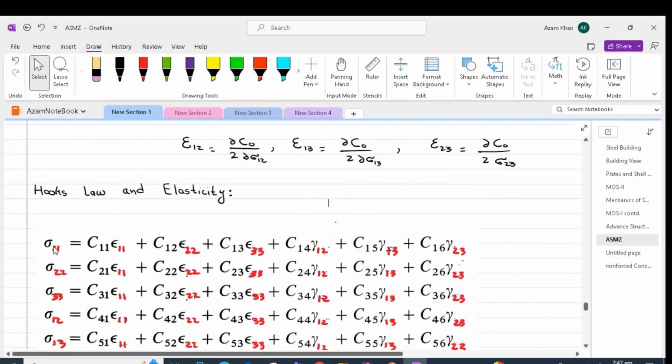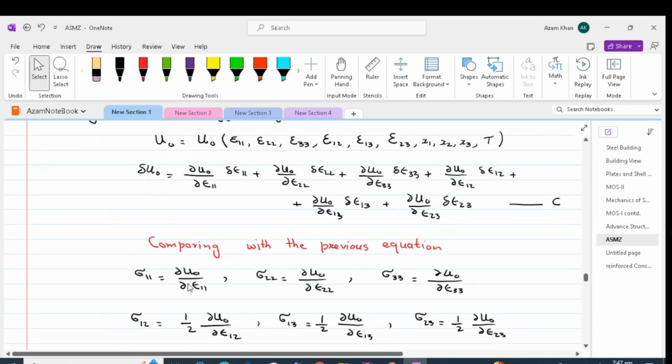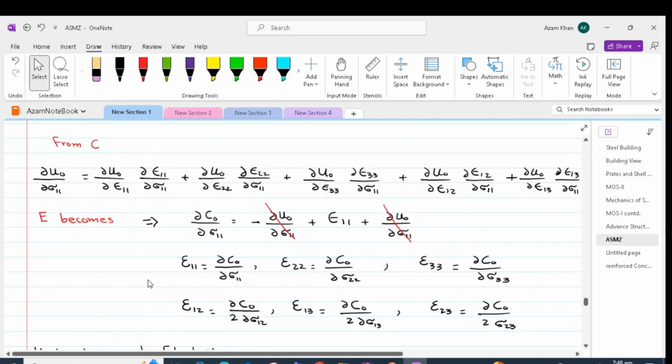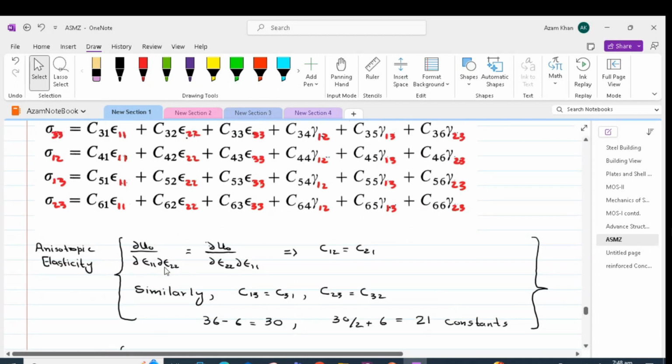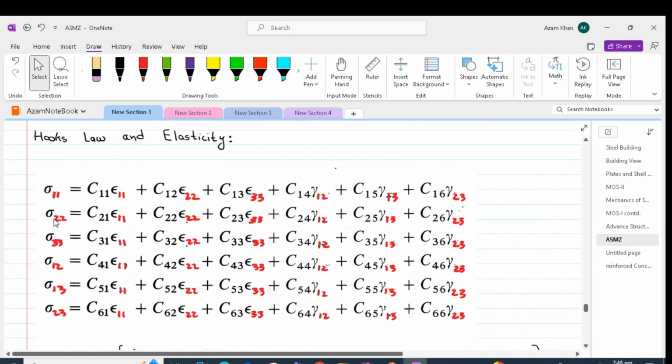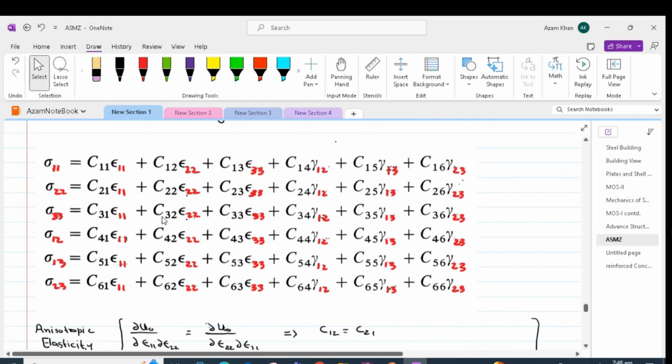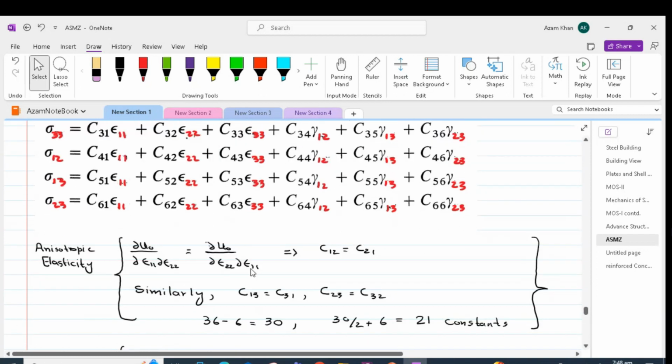As we have said, sigma 11 is equal to partial u naught by partial epsilon 11. We can differentiate this first equation with partial epsilon 22. Similarly, we can differentiate the second equation with partial epsilon 11.